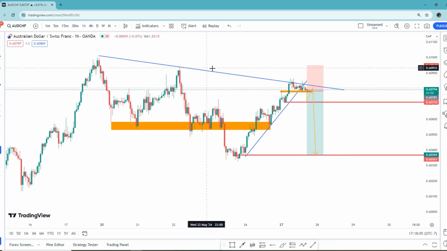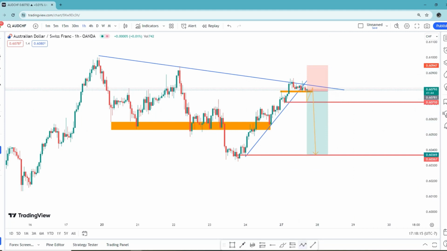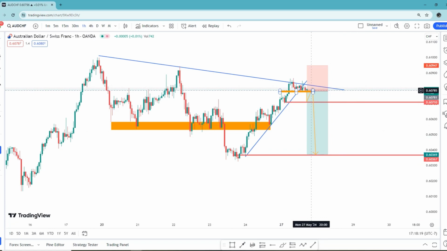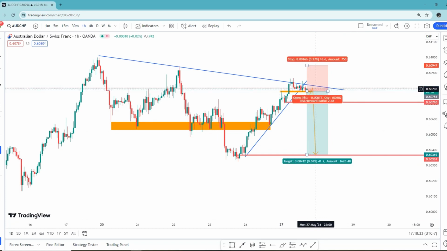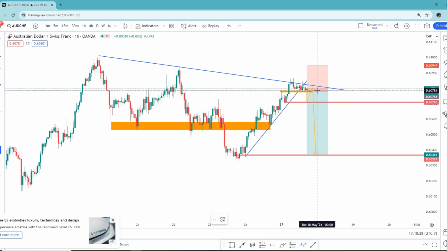This is the real stop loss. Understand? Sometimes the market might come around this area, and give us a double top and then drop.